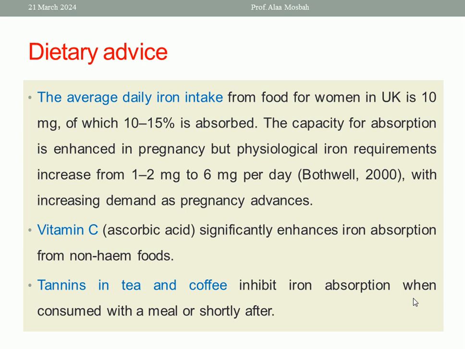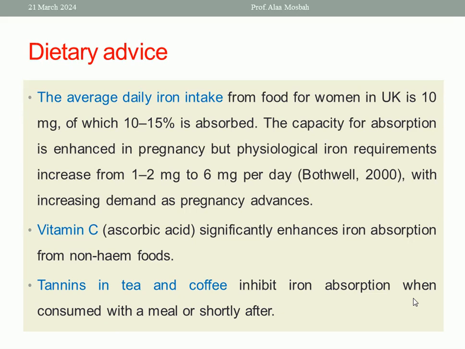In the United Kingdom, they found that the daily iron intake in food reaches up to 10 milligram, but you should know that only 10 to 15% is absorbed. So about 1.5 milligram is absorbed daily, and this is the elemental iron.